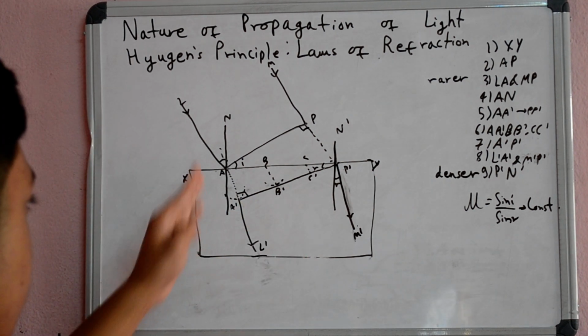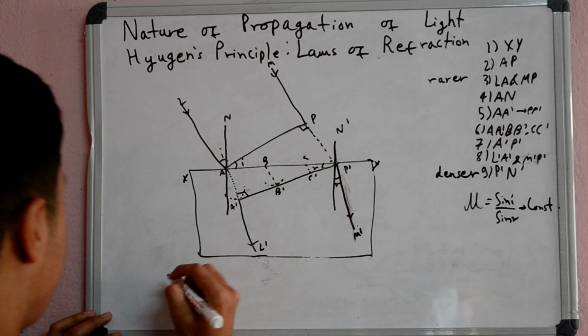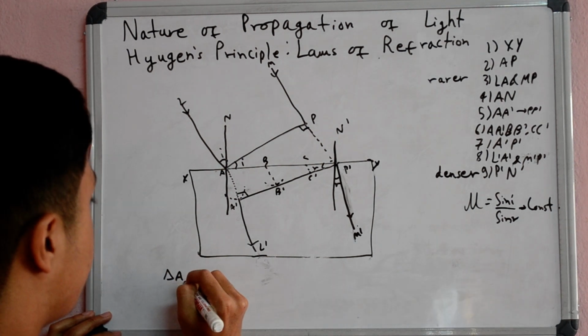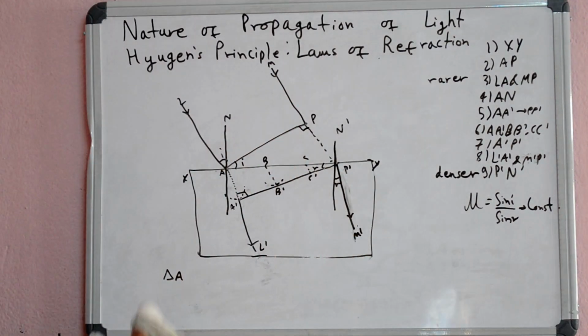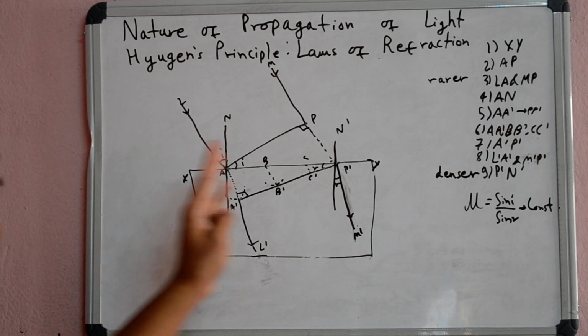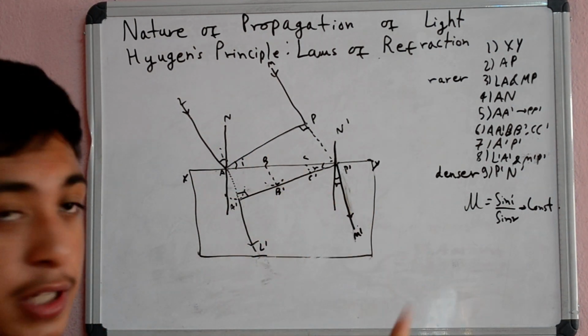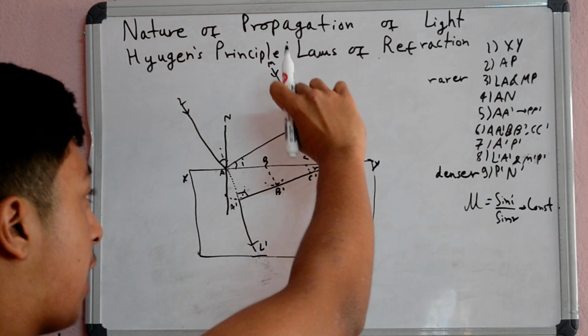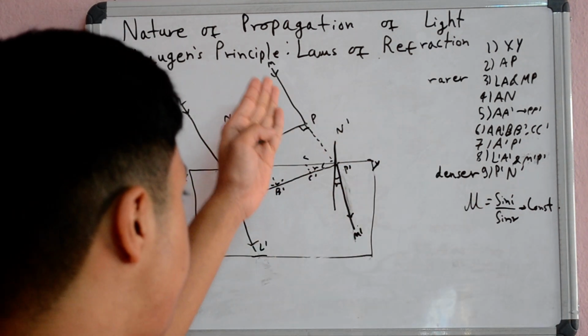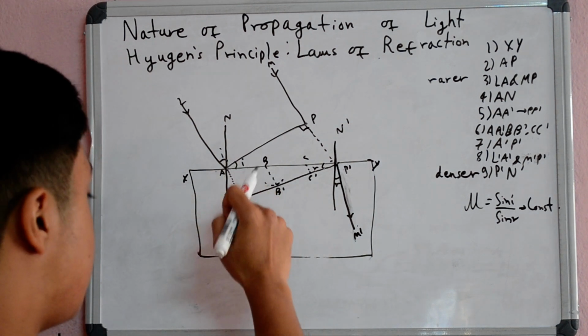So here we have to take the help of two triangles. So triangle A, well actually we don't have to take triangles in this one. Now here, first of all, let's use some logic, right? So the time taken for when P goes to P dash is the same for A to A dash.